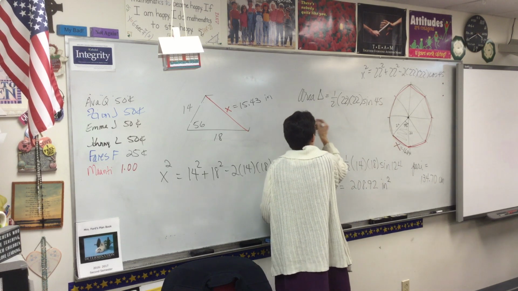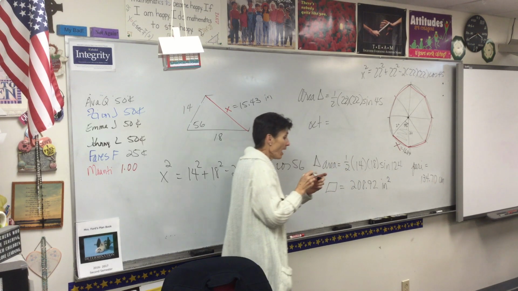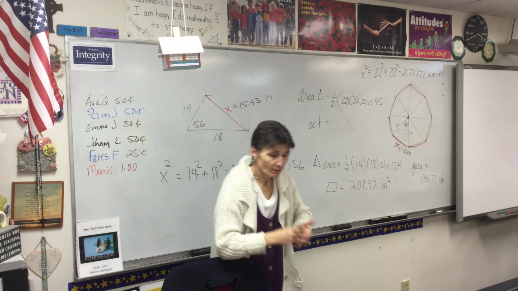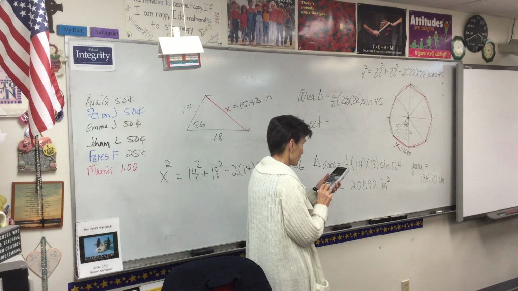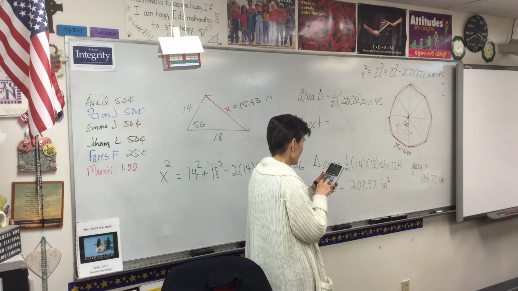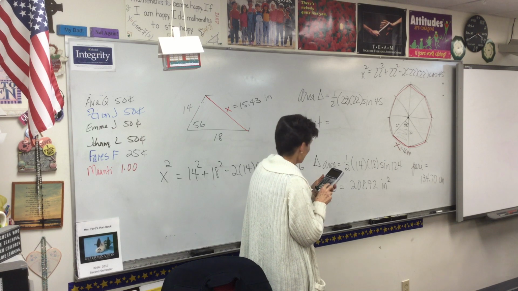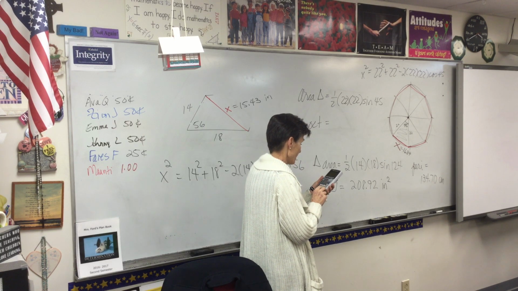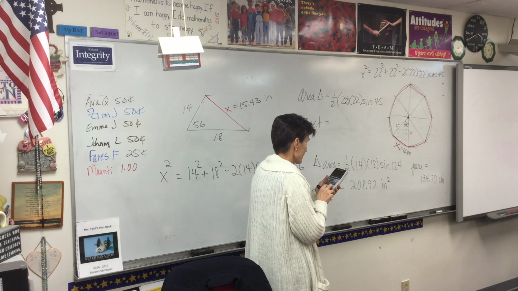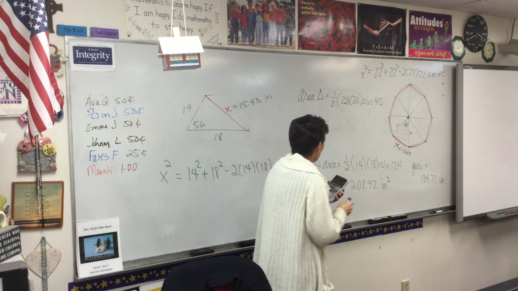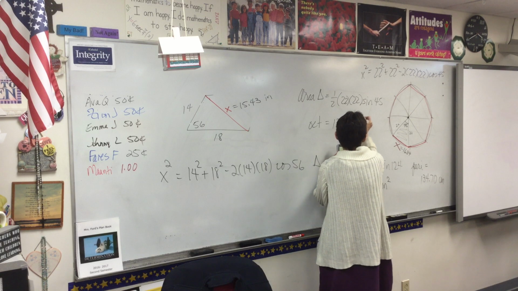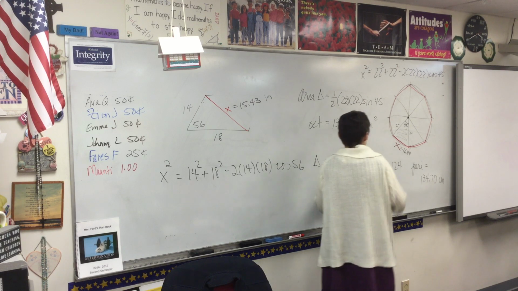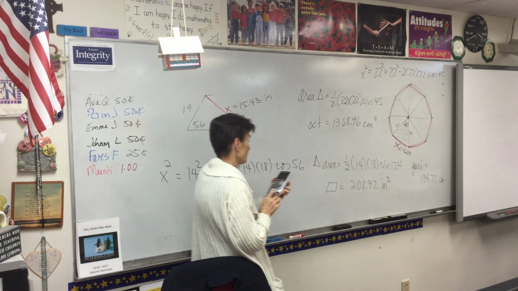Yes. And then to get the octagon, we'll take the area of the triangle times 8. So 1/2 times 22 times 22 times sine 45 times 8. I got 1,368.96 square centimeters.